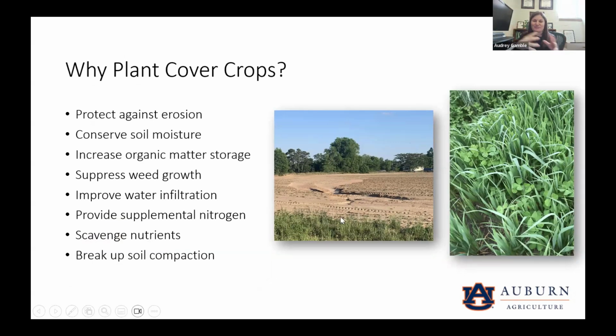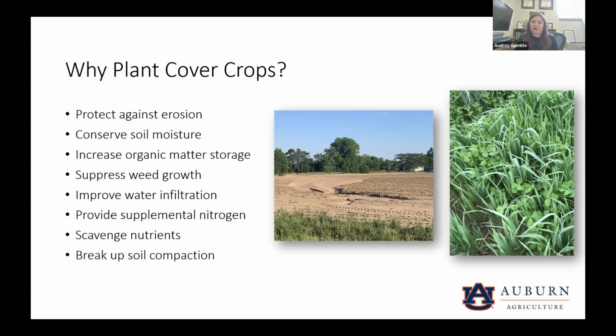Here's another picture where a large storm has kind of washed out the work that a farmer had just done to plant peanuts, and then a big rainfall came and disturbed the soil and created erosion. But also we can use cover crops if managed properly to improve soil moisture, increase organic matter storage, suppress weeds, improve water infiltration, provide supplemental nitrogen, scavenge nutrients, and break up soil compaction.